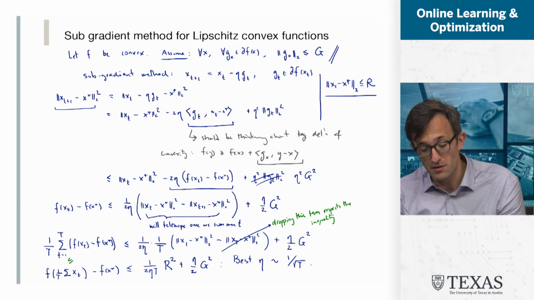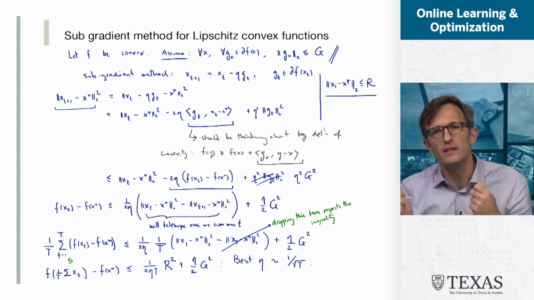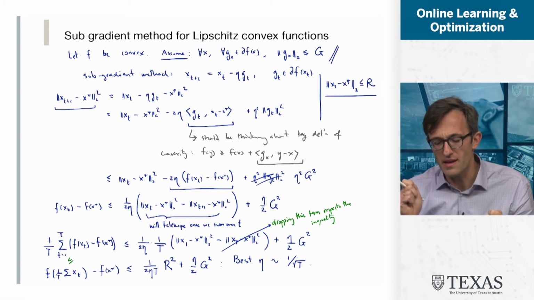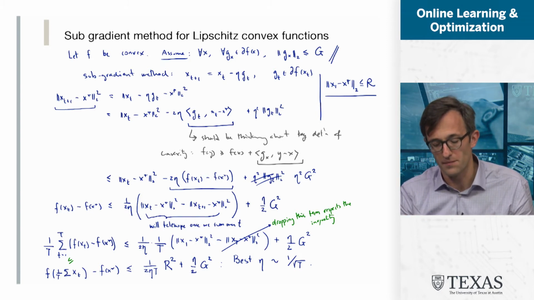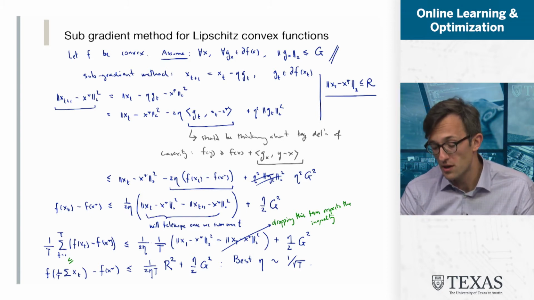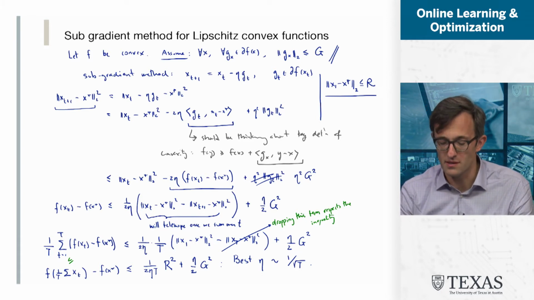And the second term, which has an eta, again looks like 1 over square root of t. So again, I've balanced these. If eta is any bigger, then the second term, eta over 2 times g squared, is going to scale faster as a function of t. If eta is any smaller, then the first term, 1 over 2 eta t, is going to scale faster as a function of t. So this is the balance.